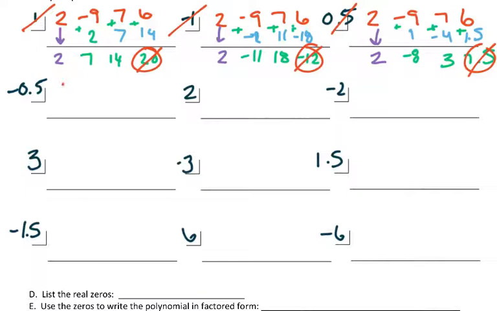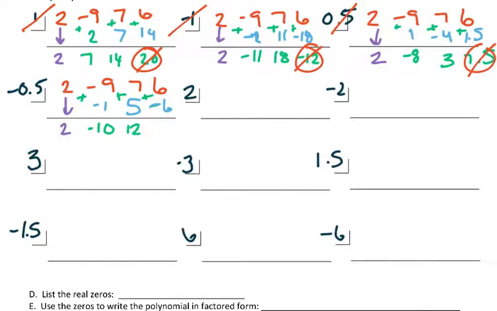Okay, so 2, -9, 7, and 6. Bring down our 2, multiply by -0.5, and we get -1. -1 plus -9 makes -10. -10 times -0.5 makes +5. 5 plus 7 makes 12. 12 times -0.5 makes -6.